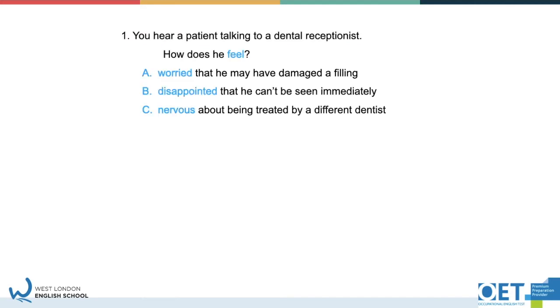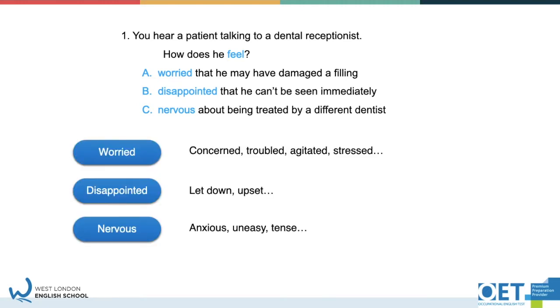So, in the question, we've got this word feel, and we can see the feelings highlighted here: worried, disappointed, nervous. Now, when you are listening, you need to be thinking about any words, synonyms that you might hear that mean the same as the options.